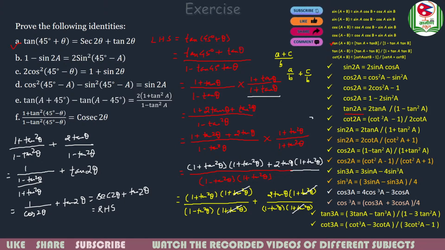So you have to think of tricks two times. But if you prove LHS using RHS, then it will be very easy. So after proving from LHS, let's prove using RHS.